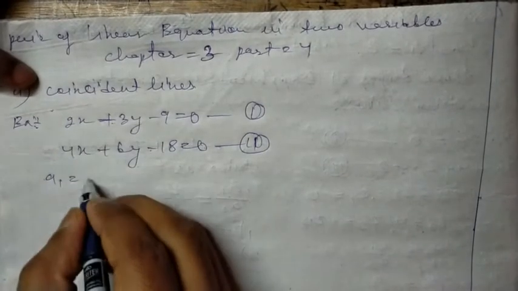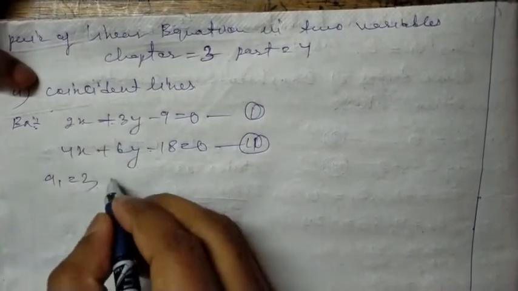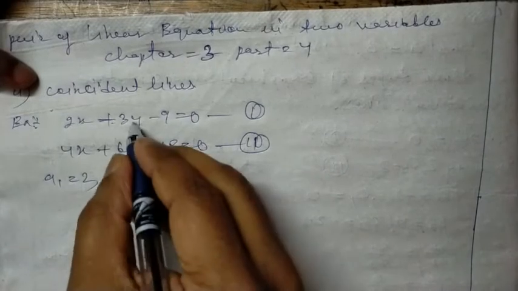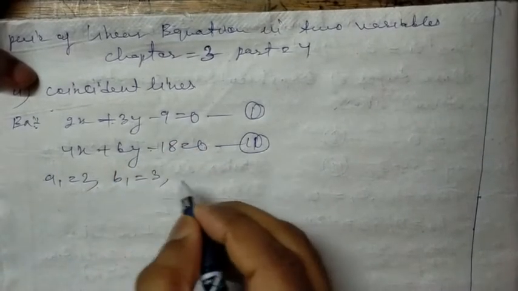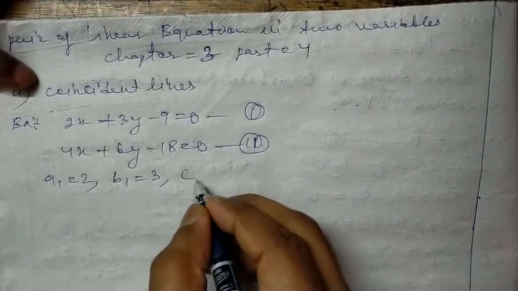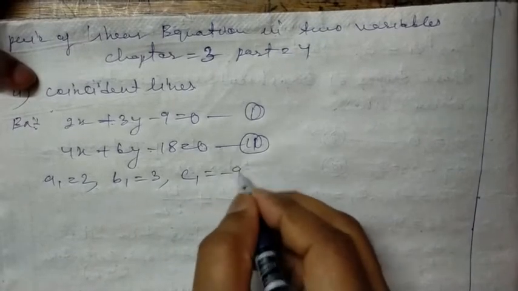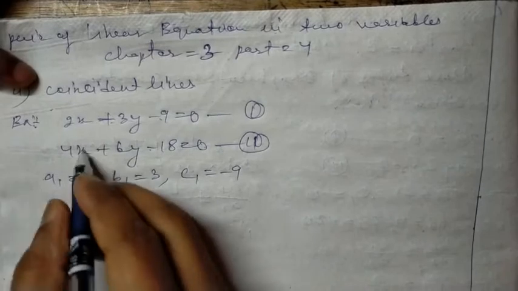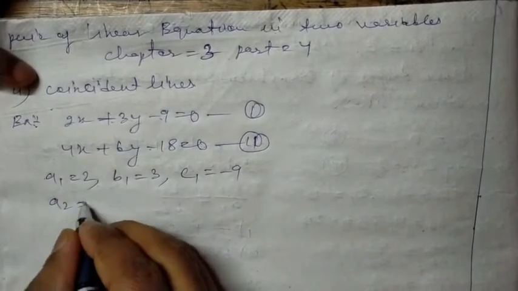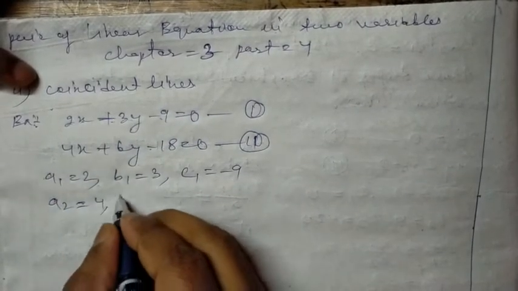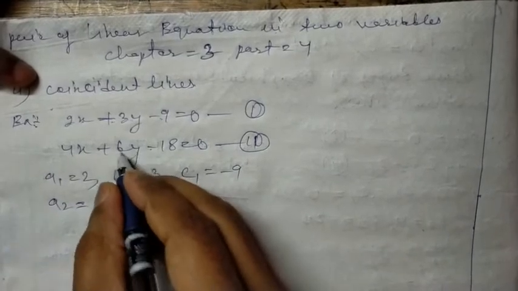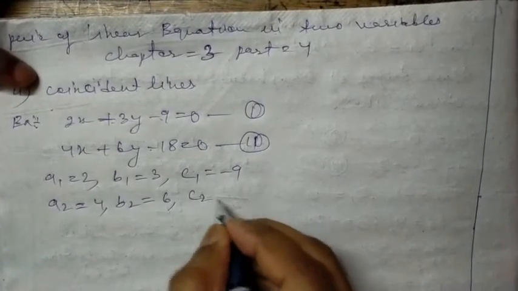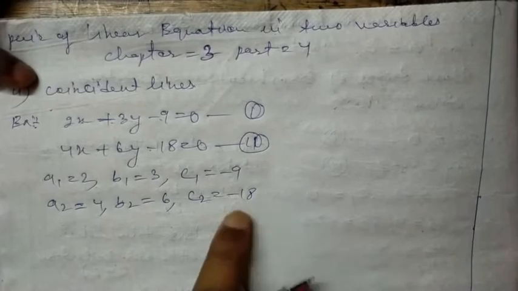A1 is equal to 2, the x coefficient is 2. B1, the y coefficient, is 3, and C1 is the constant number, minus 9. A2, from the second equation, the x coefficient is 4, B2, the y coefficient, is 6, and C2 is minus 18.